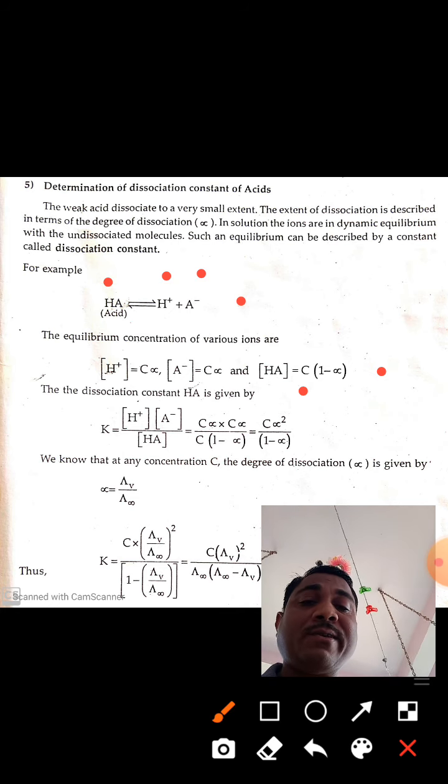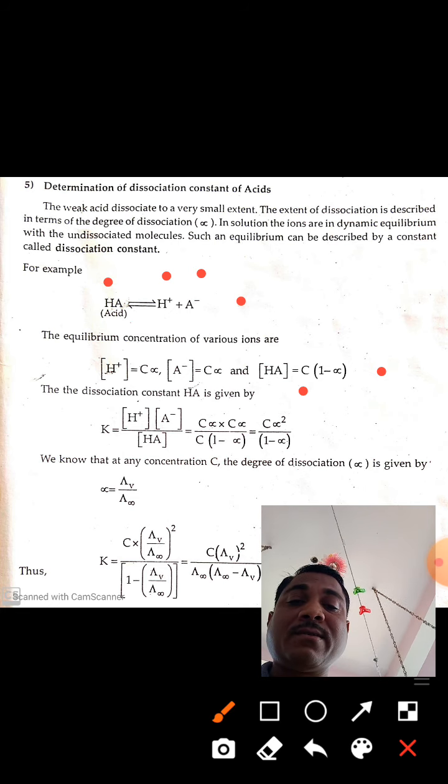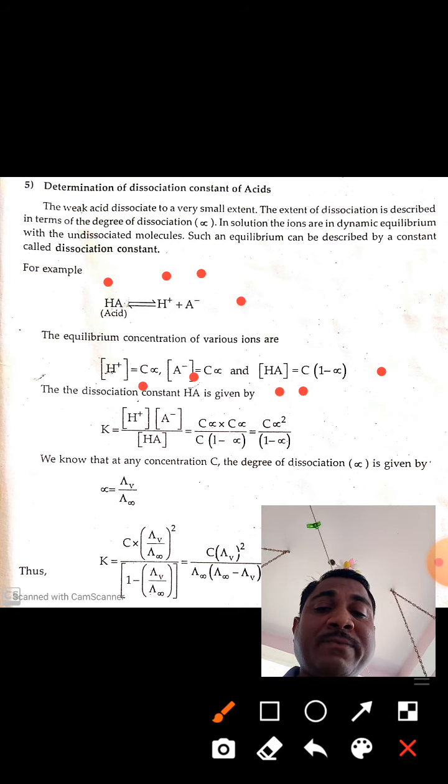That means we get 20 H positive ions and 20 A negative ions, and the remaining HA is 80. Similarly, here the concentration of H positive ion is C alpha, the concentration of A negative ion is C alpha, and the concentration of HA is C(1 minus alpha).